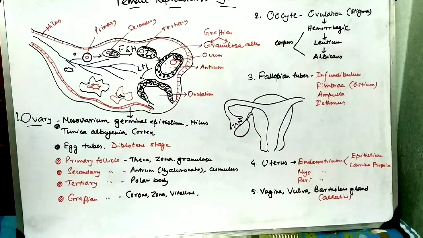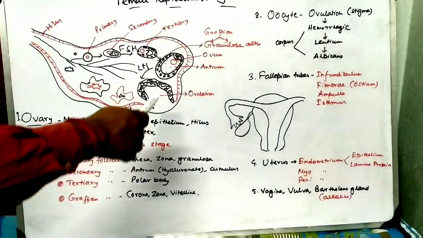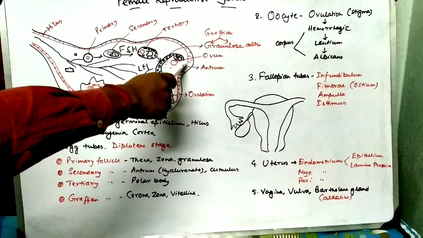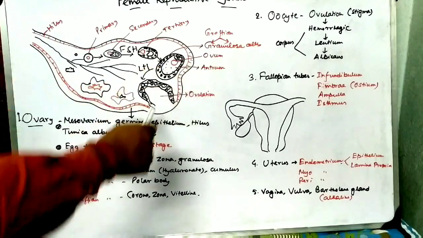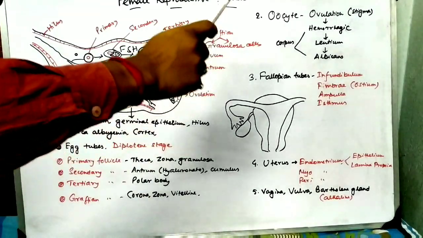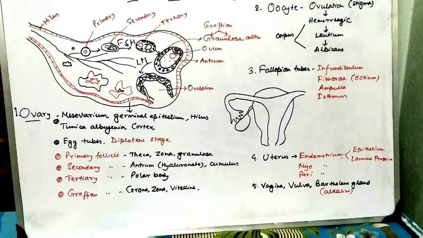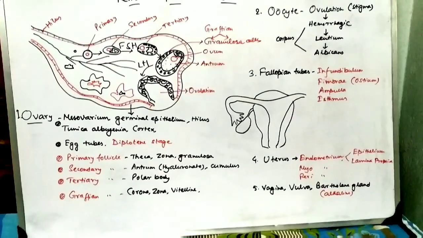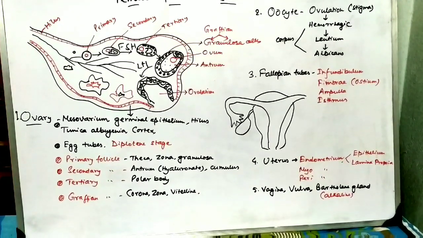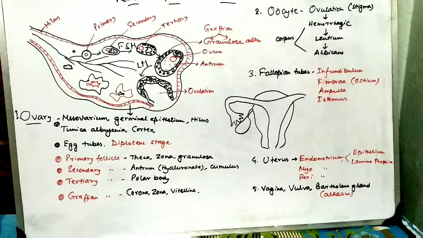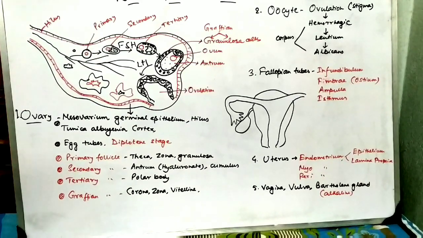Now with the help of FSH secretion and estrogen hormone secretion, LH secretion is stimulated, and due to LH secretion a stigma develops, a thickening at the region which is touching the wall of the ovary. You can see the stigma now, and the stigma will gradually burst out due to the increased pressure inside the graafian follicle.